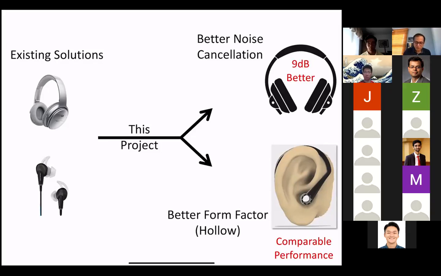So if you block your ear, you do better noise cancellation, or if you do not block your ear and keep your ear open, then you do comparable noise cancellation as today's headphones. Is that clear? So the goal of the project is to do either this or this.